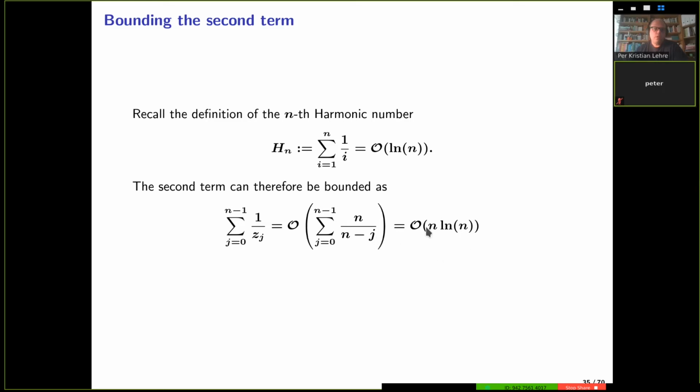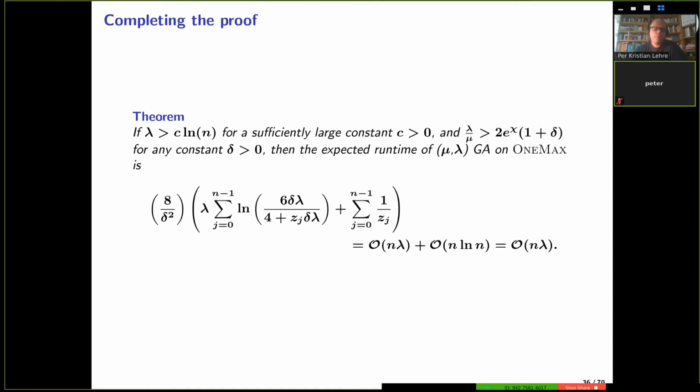So this will be big O n log n. So overall, I get a runtime which is n times lambda plus n times log n. And lambda is by assumption at least log n. So this is overall big O n times lambda.